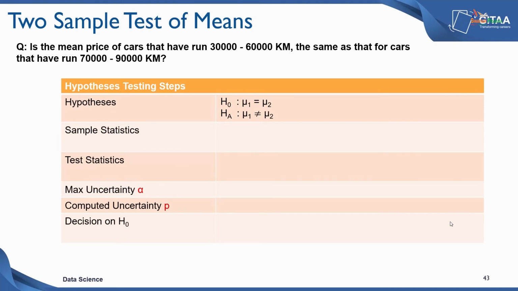Because we are using two different samples, we used a sample size of 500 each, and so we get sample statistics, which is the x bar, but we are going to get two numbers, x1 bar and x2 bar, one indicating the average price in group 1 and the other the average price in group 2. Again, we are going to use the sample standard deviation as an estimator for the population standard deviation.